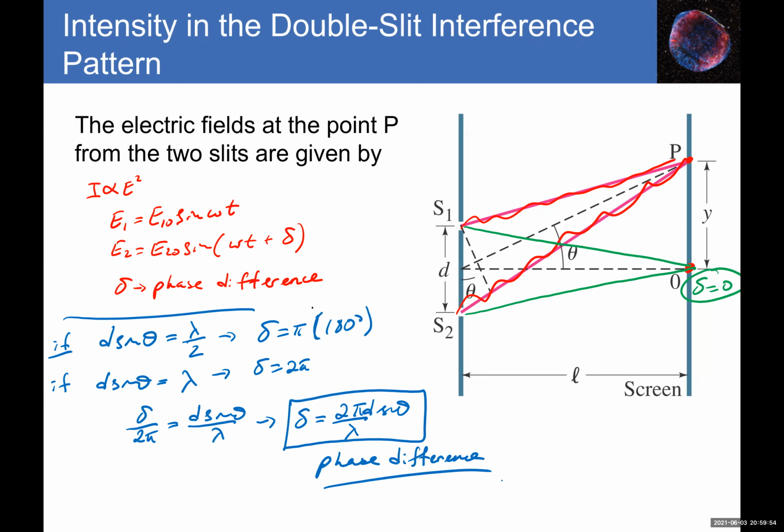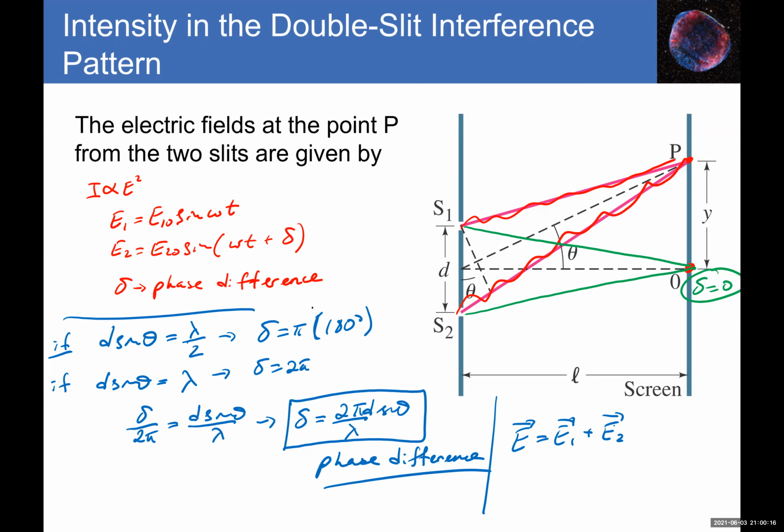Now, we have an electromagnetic wave, so the electric field at point P will be the vector sum of E1 and E2. That means this electric field is E1 plus E2.